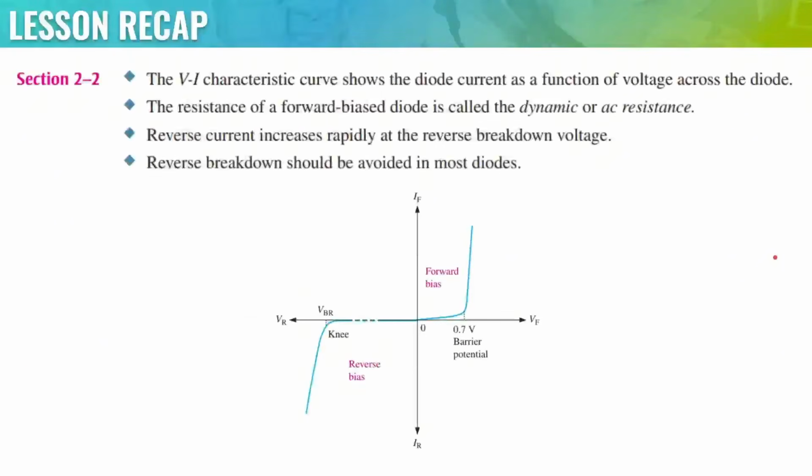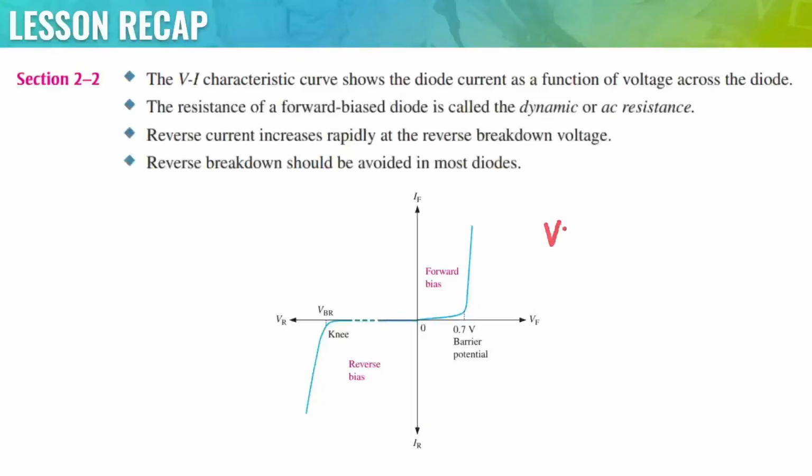For section 2.2, this is the VI characteristic curve. It's called VI because it's the voltage-current characteristic curve. The diode current, here the y-axis, is a function of the voltage across the diode, or the x-axis. The resistance of a forward bias diode is called the dynamic or the AC resistance.